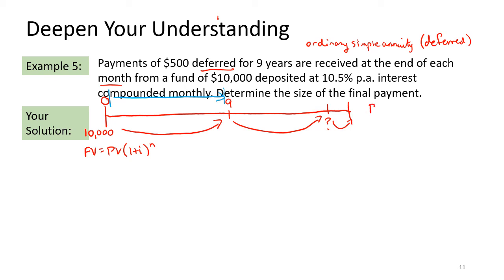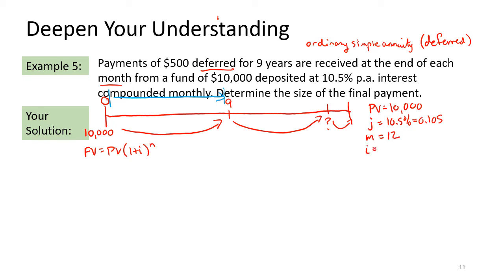So our present value in this case is equal to $10,000. Our nominal rate of interest, J, is 10.5%, which is 0.105. Our number of interest compounding periods, it's compounded monthly, so that gives you M is 12.